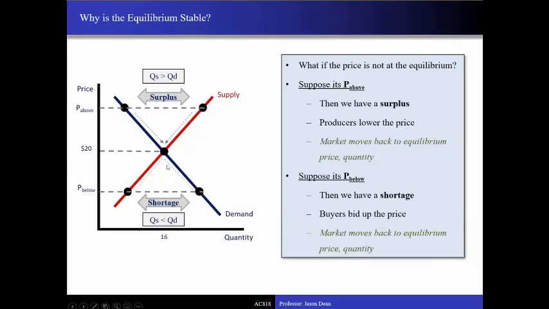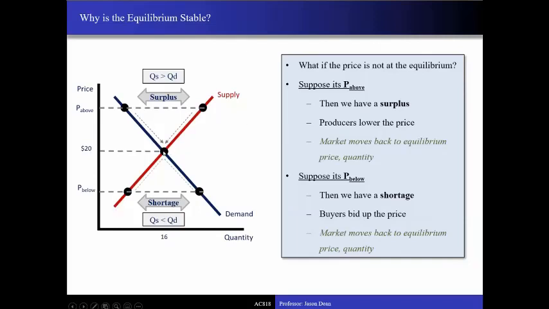So again, we have a story for this line here. This is just telling us what people want to buy at different prices. This line's telling us what firms would offer for sale at different prices. And if they're together in a market, the only price that would be stable is the price that corresponds to the intersection of the two curves.